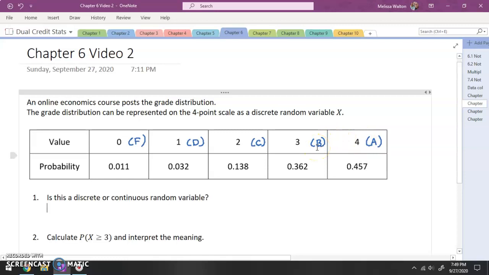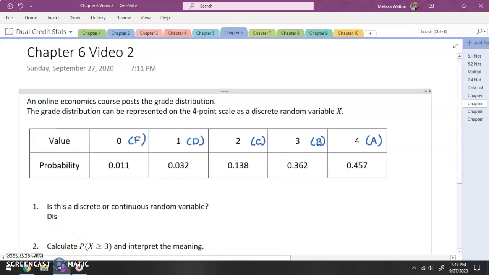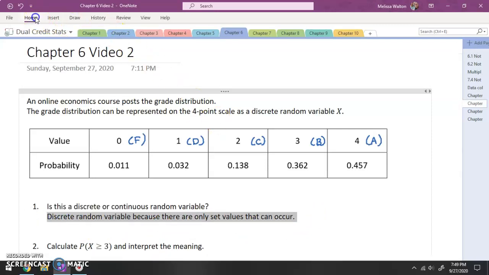I know that U of I does do minuses and plus, a B plus is 3.33, but in this example, this is a discrete random variable because there are only certain set values that can occur with this.